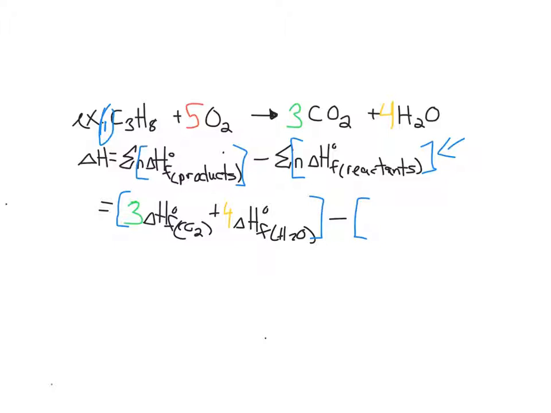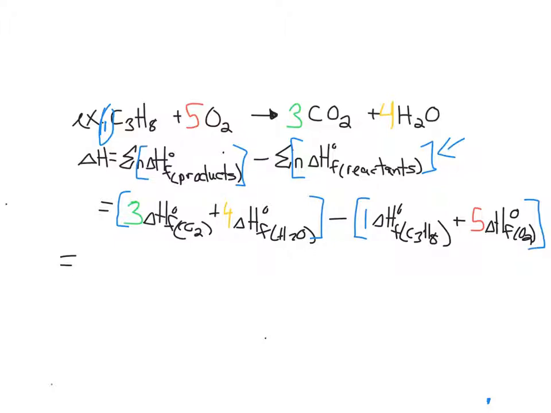So that means that we are going to have 1 times the standard enthalpy of formation of our propane, C3H8, plus 5 times the standard enthalpy of formation of O2 here, and a large bracket here.